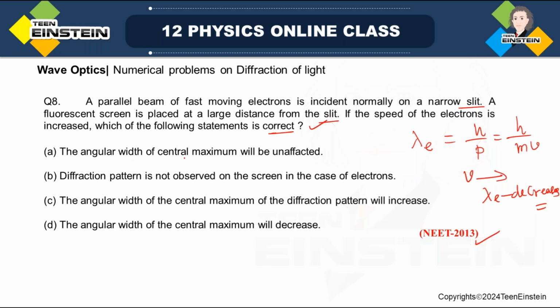The option says the angular width of the central maxima will be unaffected, which is not true, because beta central is 2d lambda by a, so it depends on lambda. Diffraction pattern is not observed on the screen in the case of electron: this is not true, because electron diffraction exists, as you can see in experiments in higher standard.